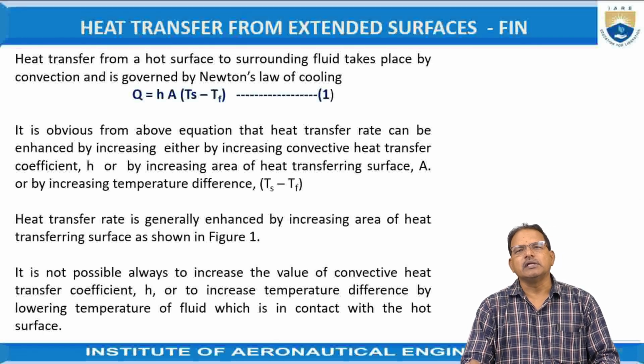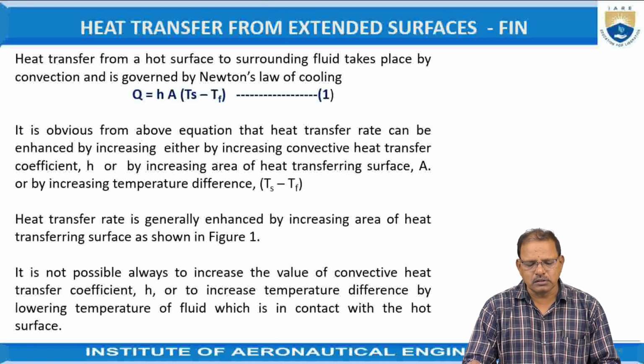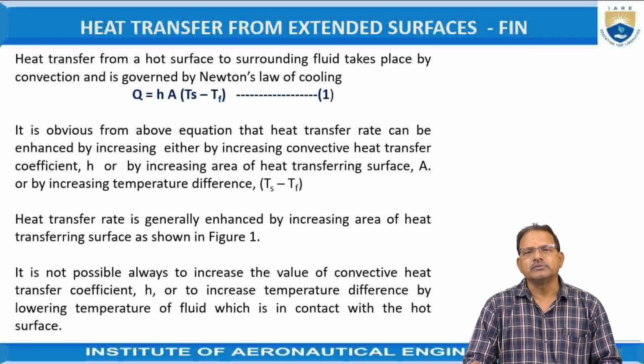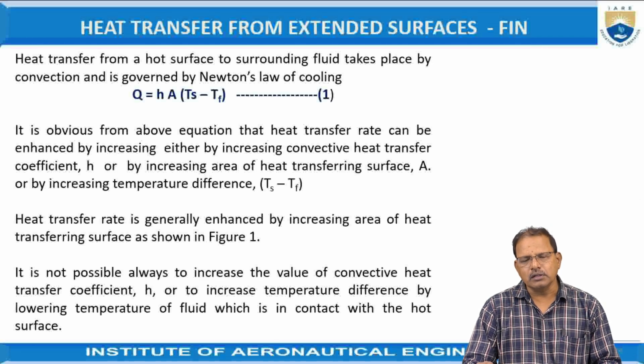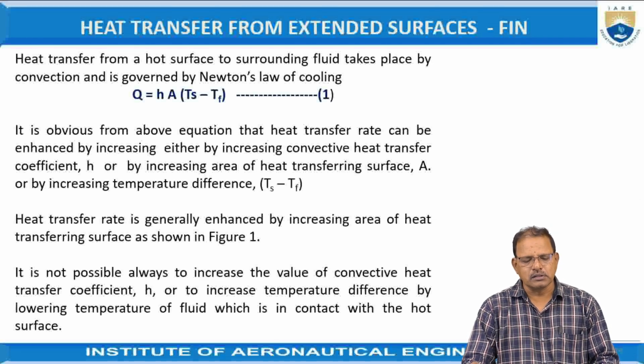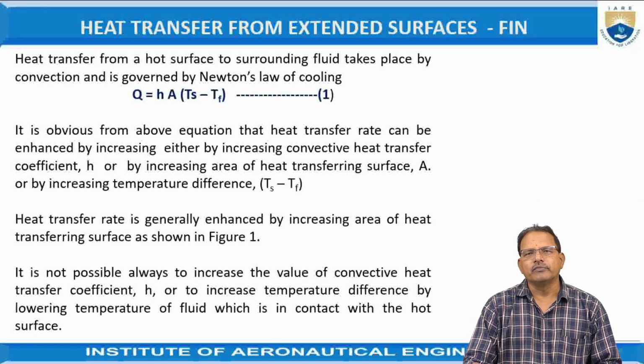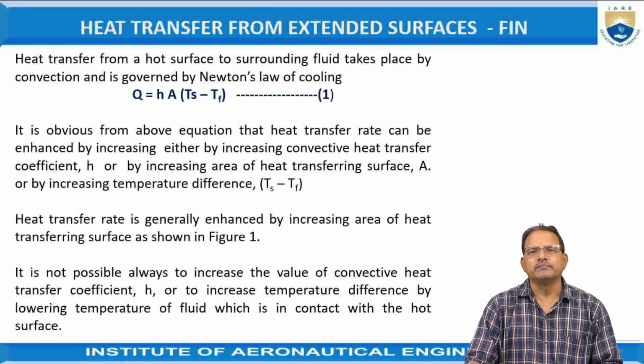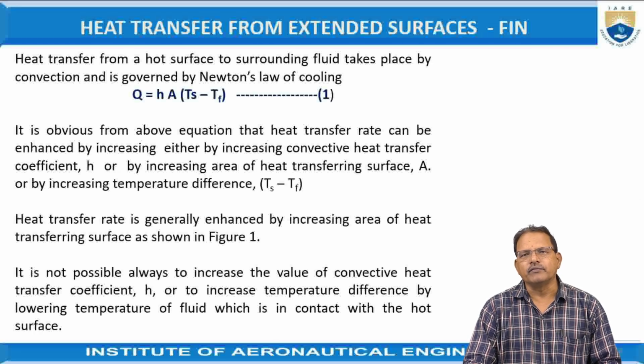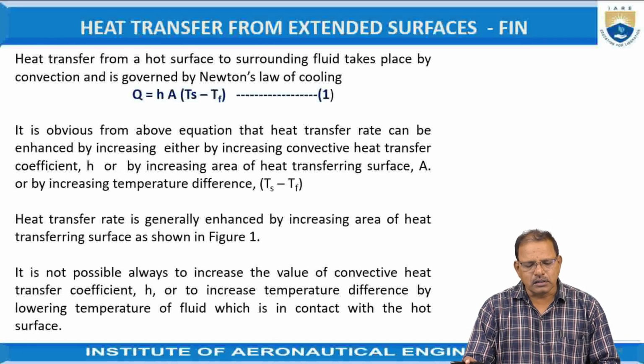It is obvious from this equation that in order to increase the rate of heat transfer from fluid to the surface, we can increase the heat transfer coefficient h, the surface area A, or the temperature difference Ts minus Tf.